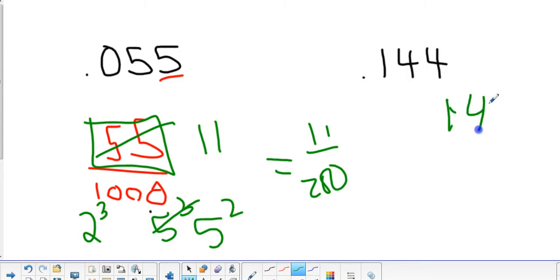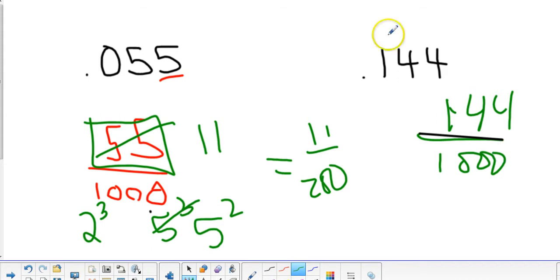Alright, for this one I got 144 over 1,000 again. And I'm only looking for 2's and 5's. If I wanted to be advanced here, I'd say that there's 2 to the third, or 8, that could go in here. And I know that 44 is divisible by 4.